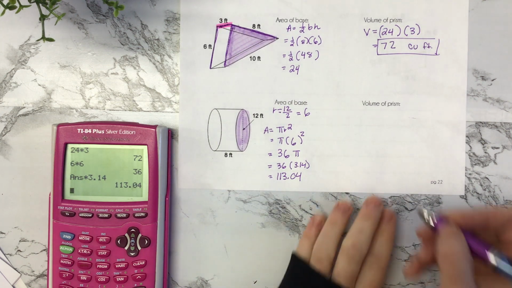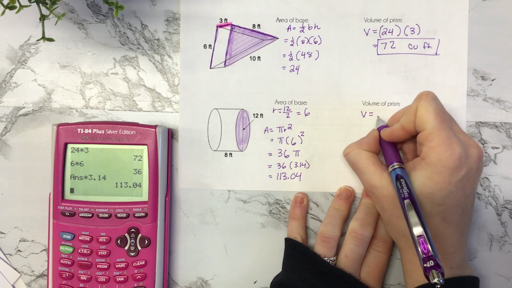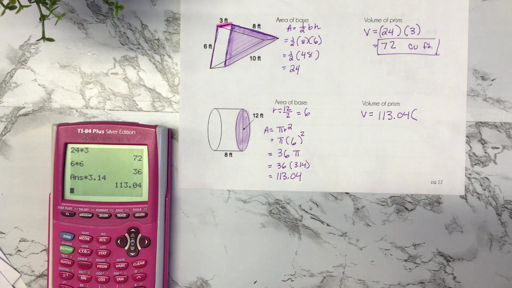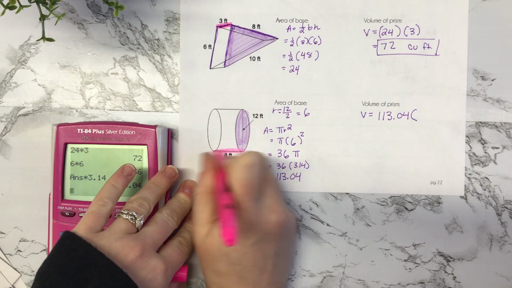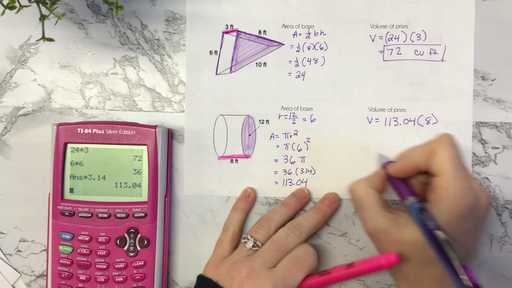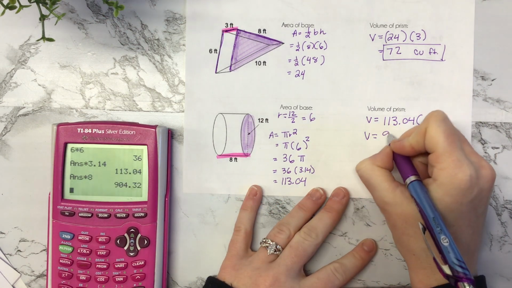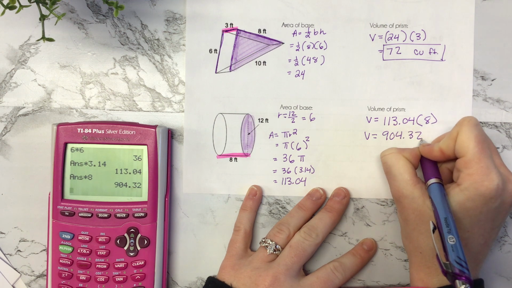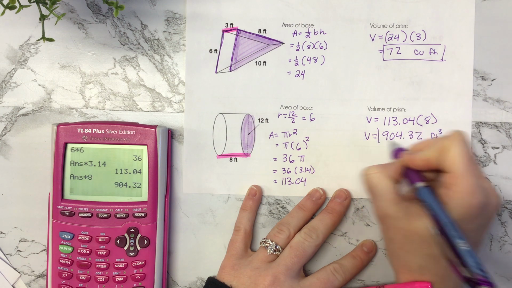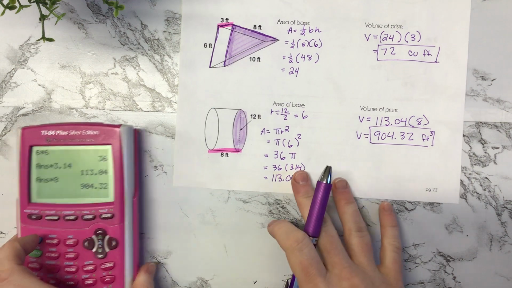To find the volume, I'm going to multiply the area of my base shape times the height of the cylinder, 8 feet. I get 904.32. Could also say feet cubed, cubic feet, same thing.